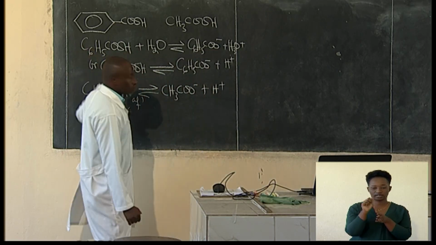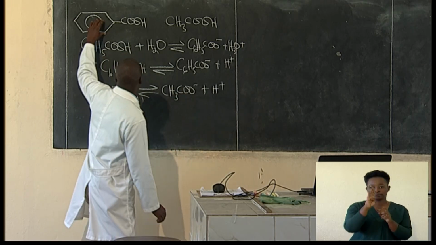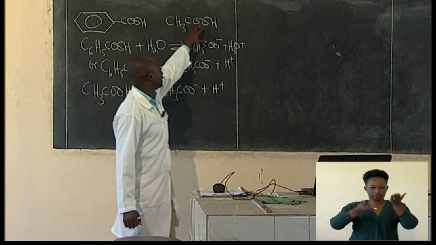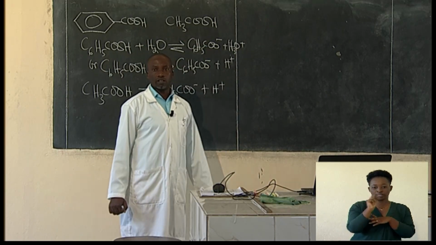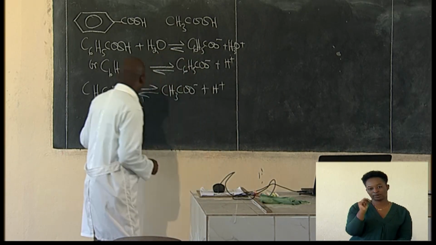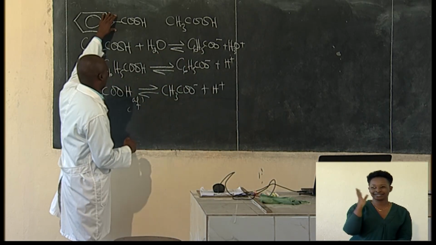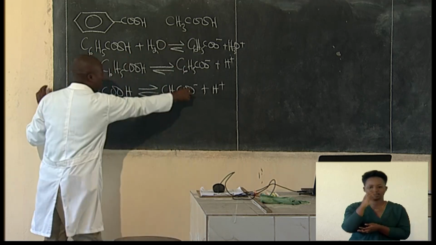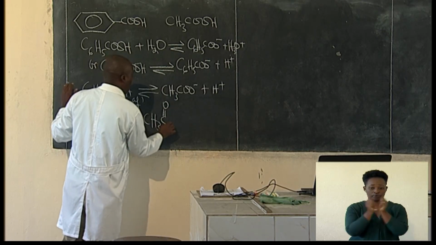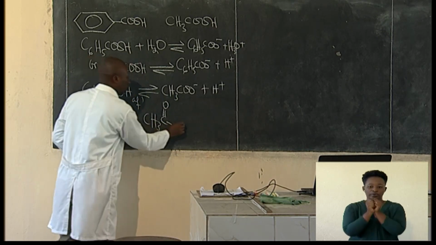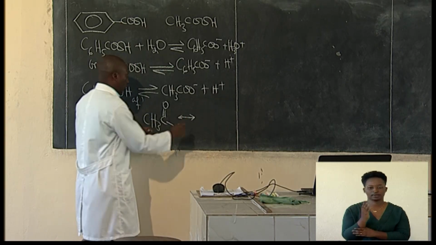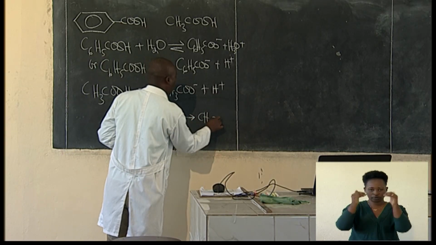But remember, we are comparing the strength of the acidity between benzoic acid and ethanoic acid. This ethanoic acid is a weaker acid. Why is it a weaker acid compared to this? When we consider the ethanoate ion, with the oxygen carrying the negative charge, you remember this is the resonance structure for this compound.